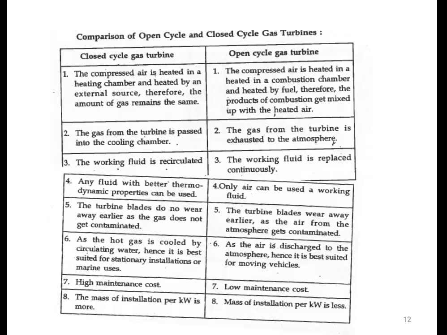But in the open cycle gas turbine, only air is used. In the closed cycle we can use any fluid with different thermodynamic properties, but in the open cycle gas turbine we can use only air as a working fluid.